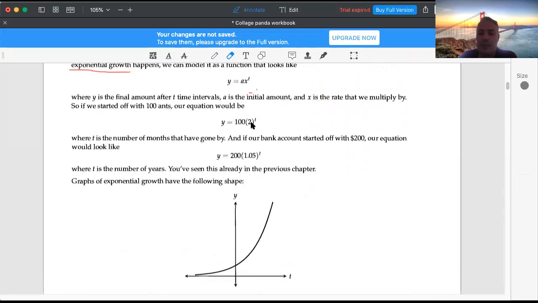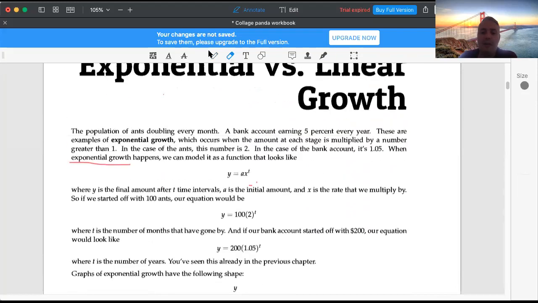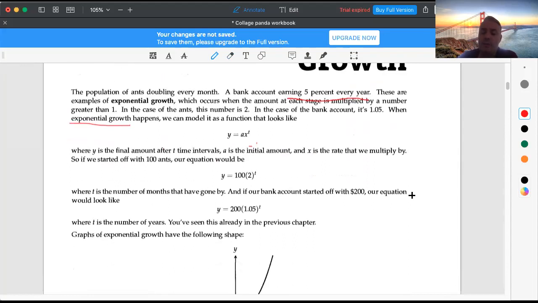Let me clean this part again. So the bank account question is this. It says that you have a bank account and it earns 5% every year. So if as an initial amount you have $100, that means in the second year it will be 105. So how can I express this? 1.05.